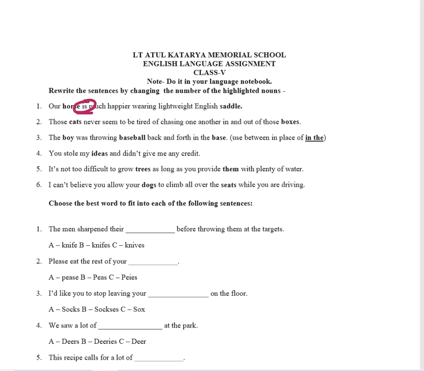So automatically is will change into are. Horses is plural, and is is used with singular. So what is the helping verb that is used with plural? Are. Okay. Is it clear?